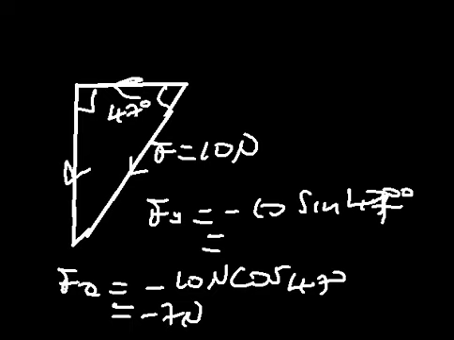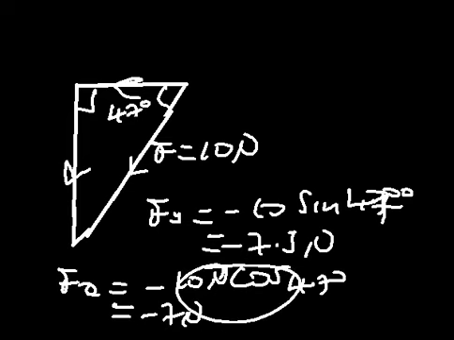So what's that? Let me have it properly. We have 10 and the sine of 47 degrees. We have it as 7.3, so negative 7.3. So these are the components.